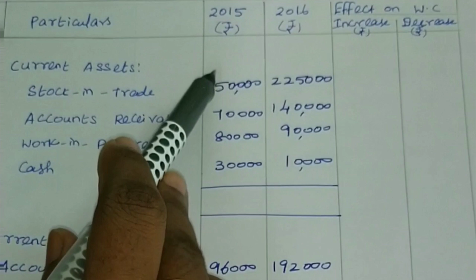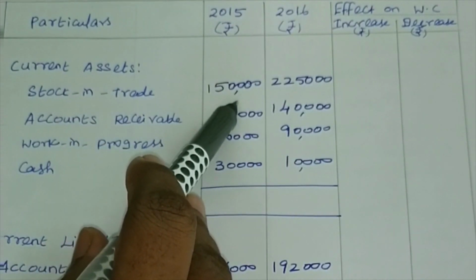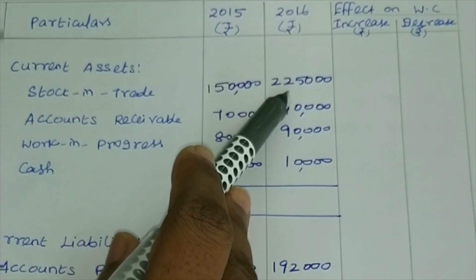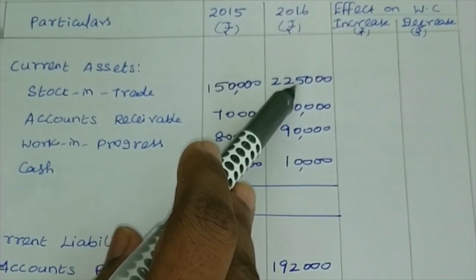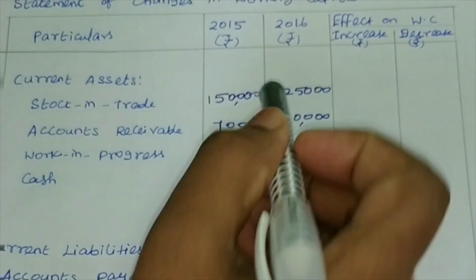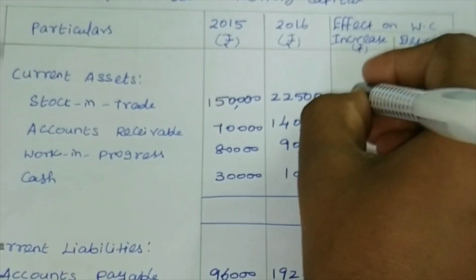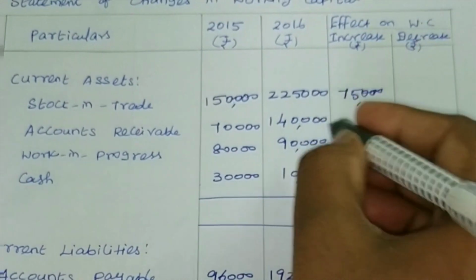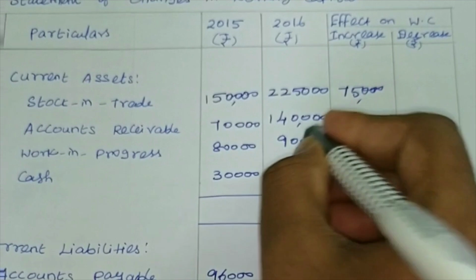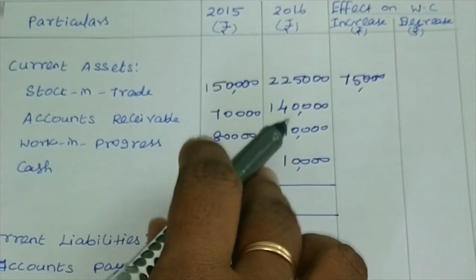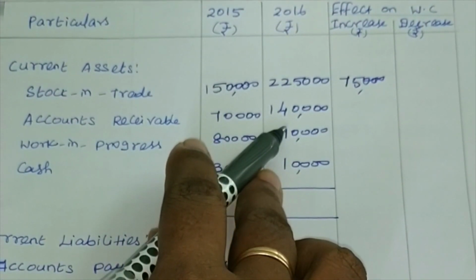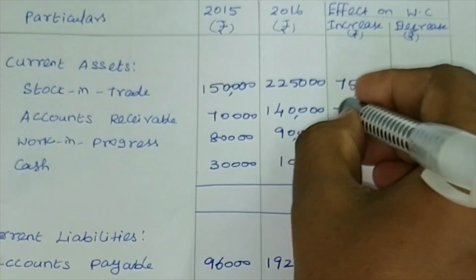Stock in trade in 2015, 1,50,000. In 2016, 2,25,000. So 75,000 increased in the year 2016. So enter it in the increase column, 75,000. Then accounts receivable in 2015, 70,000. In 2016, 1,40,000. So increased by 70,000.